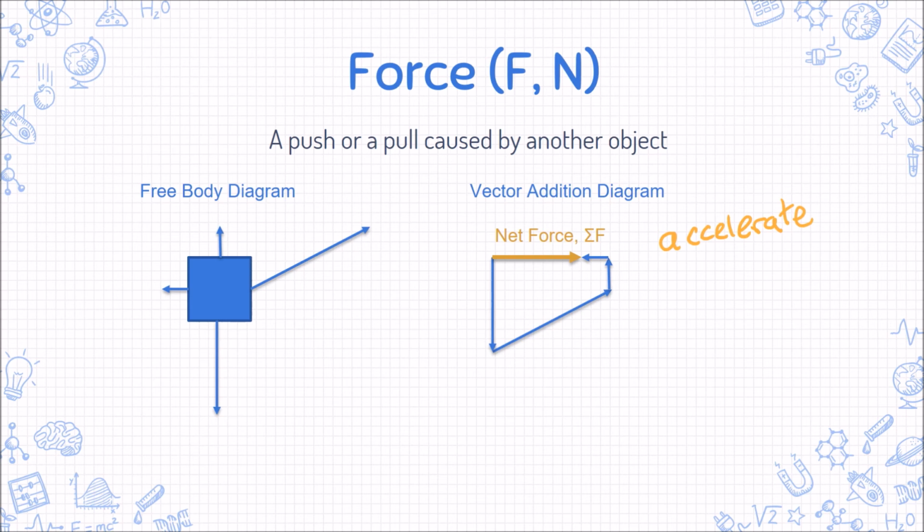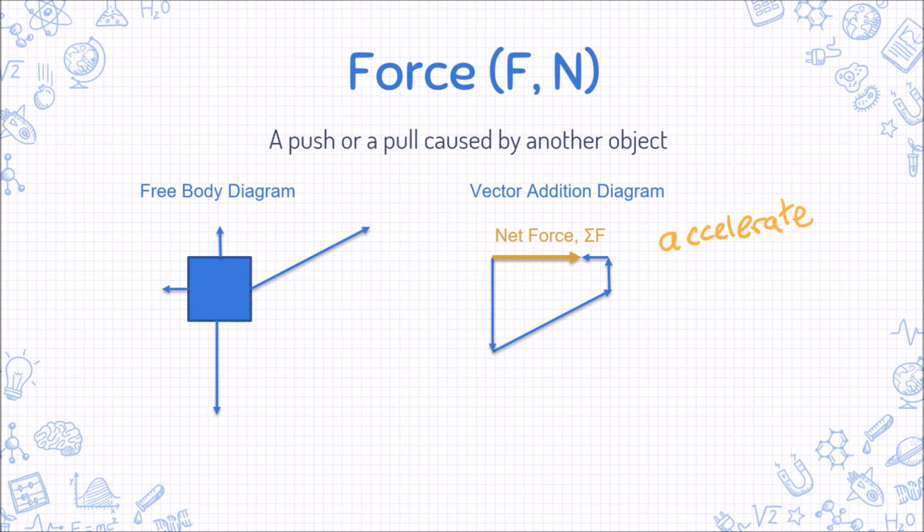And remember, anytime we draw our vectors, we want to go from start to finish. So our resultant force is from start to finish. So the net force is going to be to the right for this object in this situation. So now that we've reviewed all that, hopefully we remember all the different ways we can use forces.